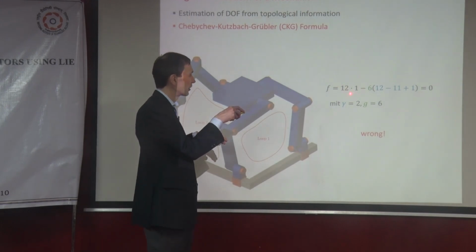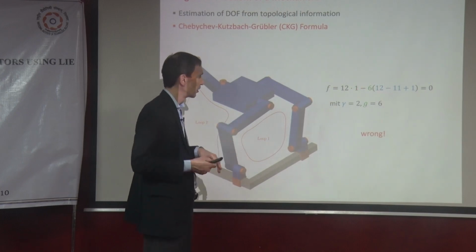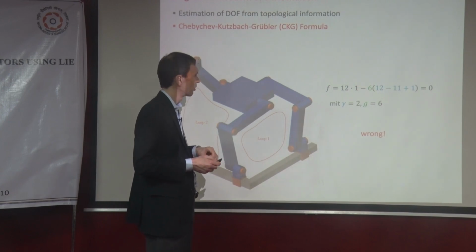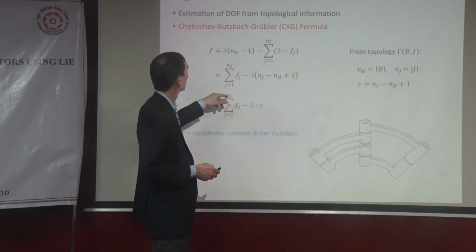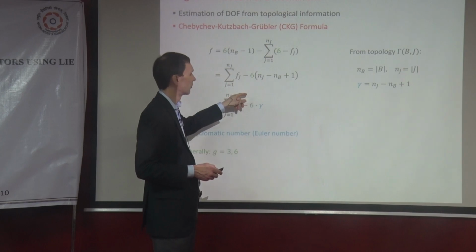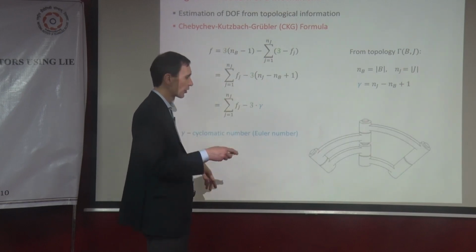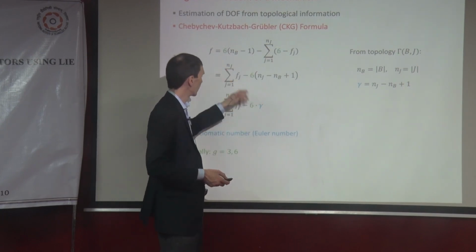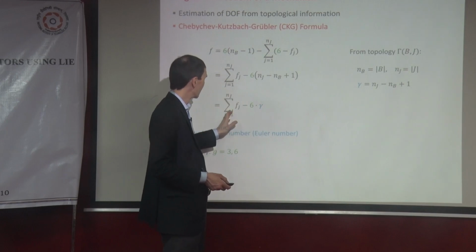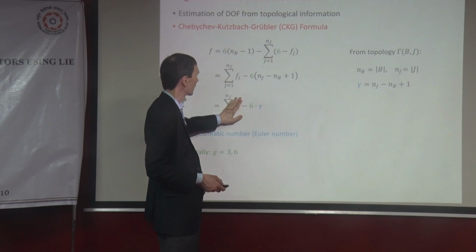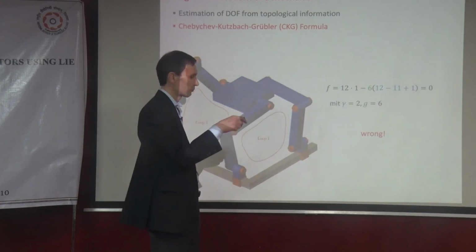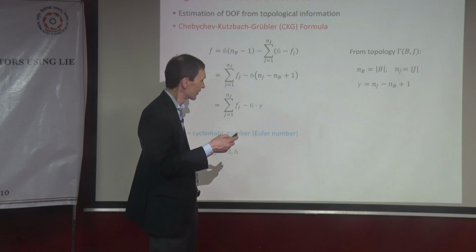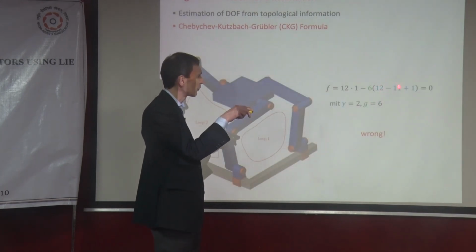You have 12 bodies, and you have to sum up the joint degrees of freedom, minus 6 times the number of bodies minus the number of joints plus 1.